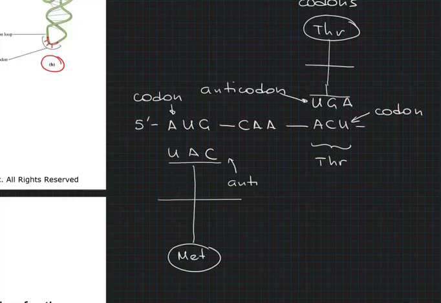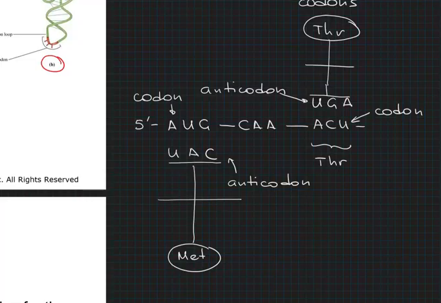Does the concept of codon and anticodon make sense to you? No? So my question is, we're basically pairing it, right? Say it one more time. So we're basically pairing it to get the anticodon? Anticodon must properly pair with the matching codon.